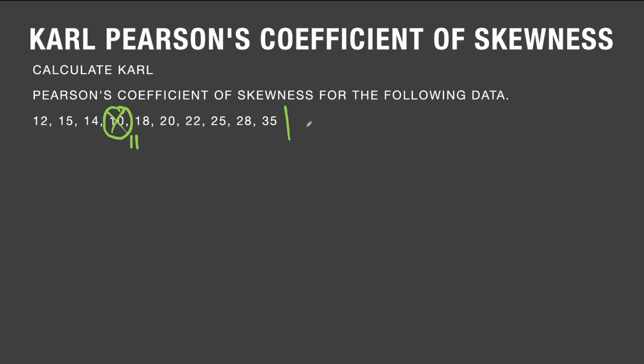So this is 11, 12, 14, 15, 18, 20, 22, 25, 28, and 35. 1, 2, 3, 4, 5, 6, 7, 8, 9, 10.